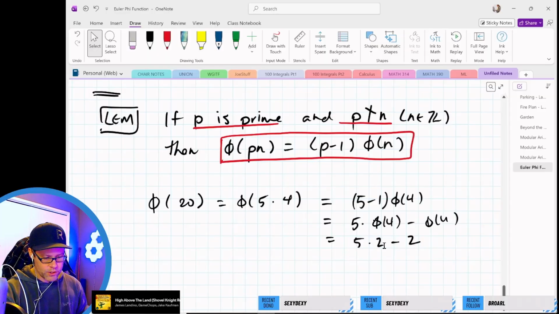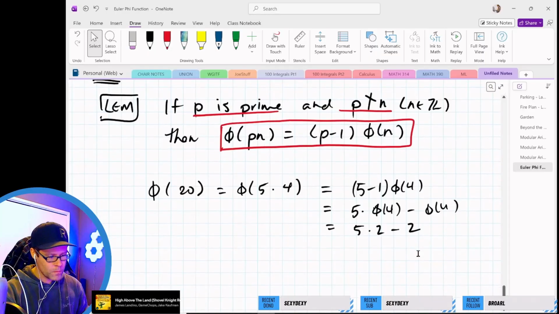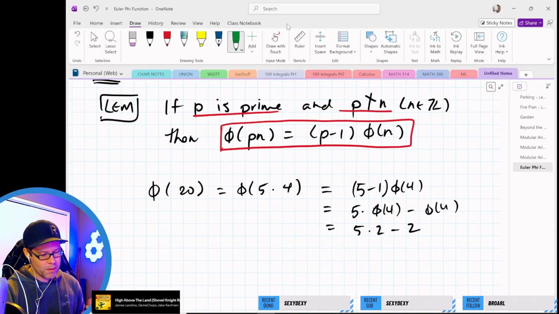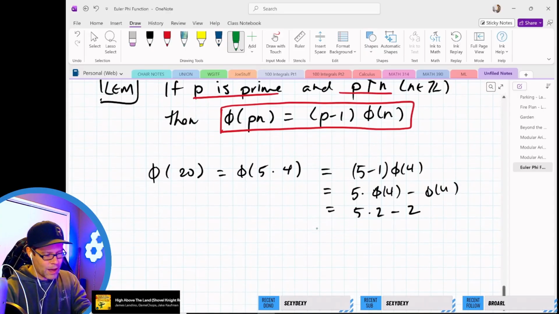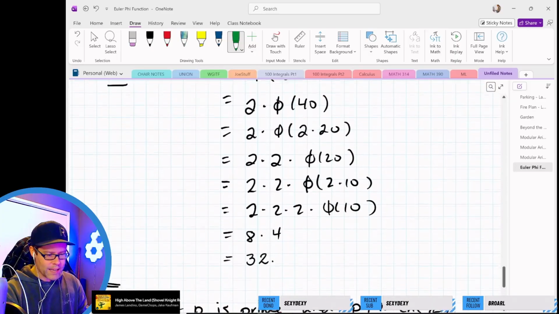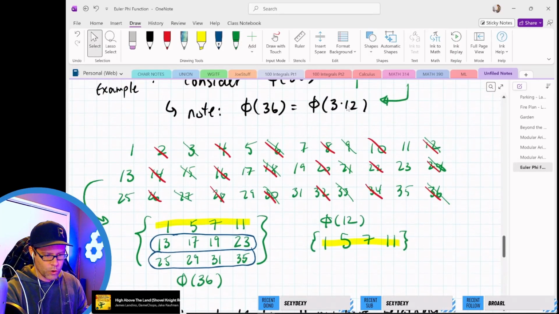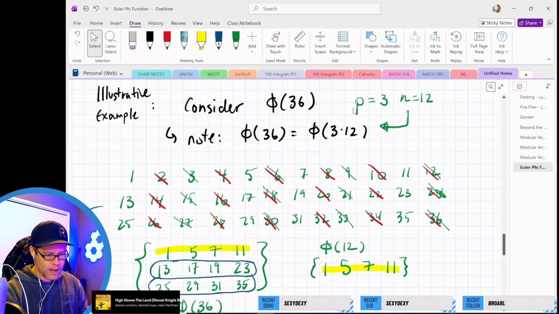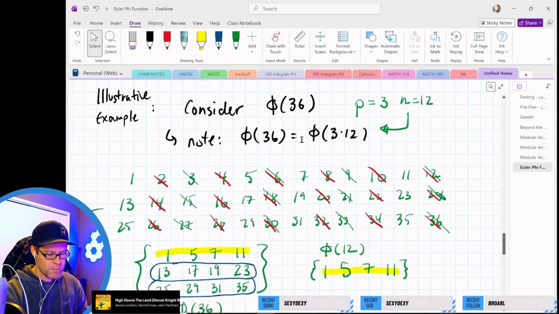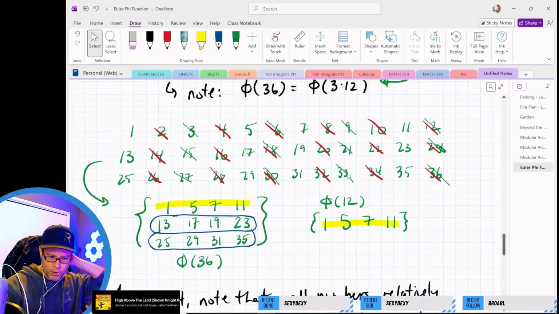So my goal is to try to figure out where these numbers are coming from. And usually, to get an intuition about how these things are working, I tend to write out these numbers. Now this n number is kind of important. In our last example, when we were looking at the values here, we grouped things in groups of 12, because phi of 12 became part of how we think about this problem.